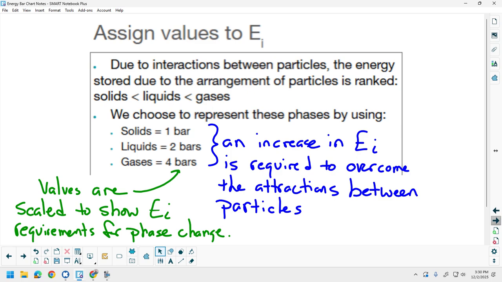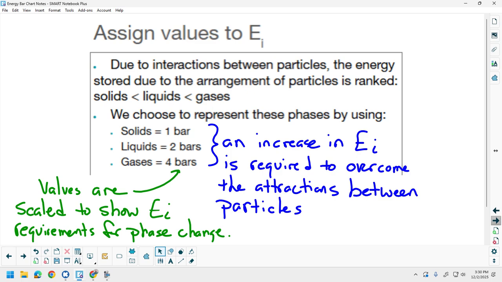The energy stored due to the arrangement of particles is ranked as solids having the least amount of interaction energy. Liquids having more, because as we saw in the lab, you have to have the sample of matter absorb energy in order for it to transition from solid to liquid or liquid to gas. So liquid would have more interaction energy. And then gases would have to have even more interaction energy to be able to transition from liquid to gas.